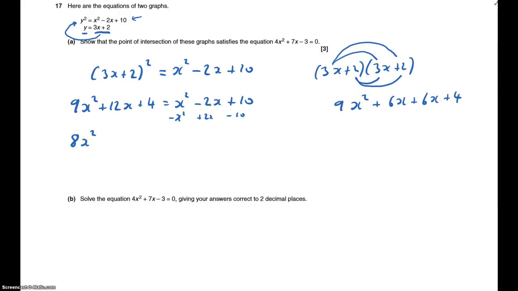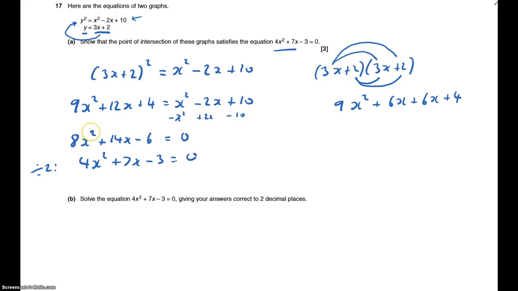I've got 12x, I need to add 2 more x to it, so that'll be 14x. And then I've got to take away 10, and that'll be minus 6, and that equals 0. Looking to see, it's not quite that, but if I divide mine by 2, which I'm allowed to divide both sides of an equation by the same number, that'll be 4x squared plus 7x minus 3 equals 0.